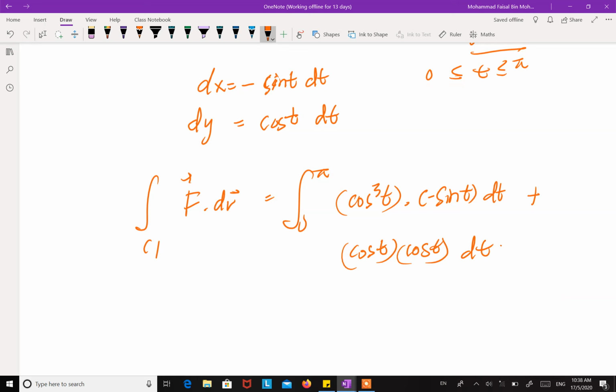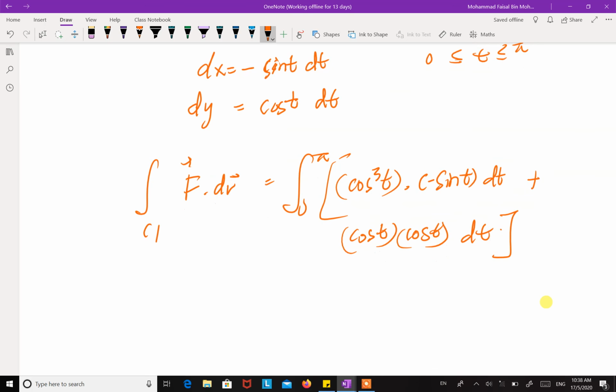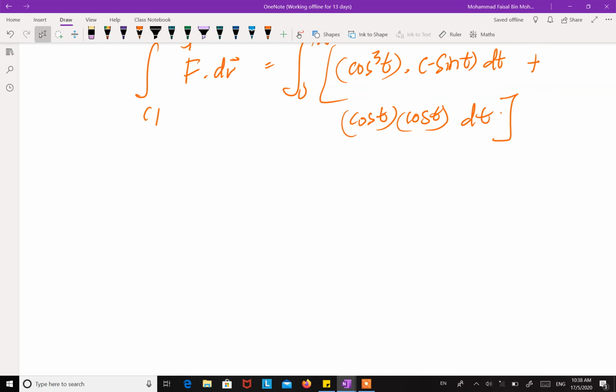Then try to do this. Maybe you have to use some formula involving the identities. Using the substitution method, you will get pi over 2.